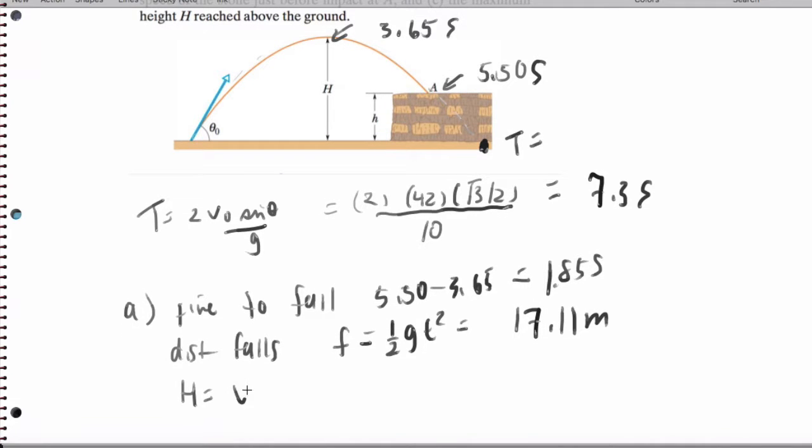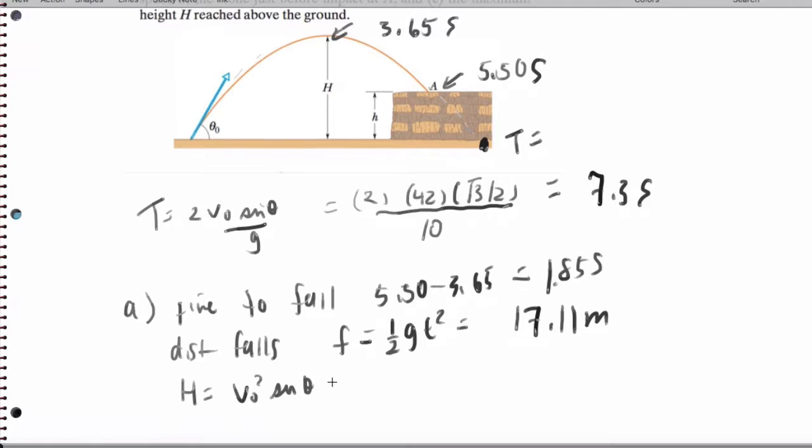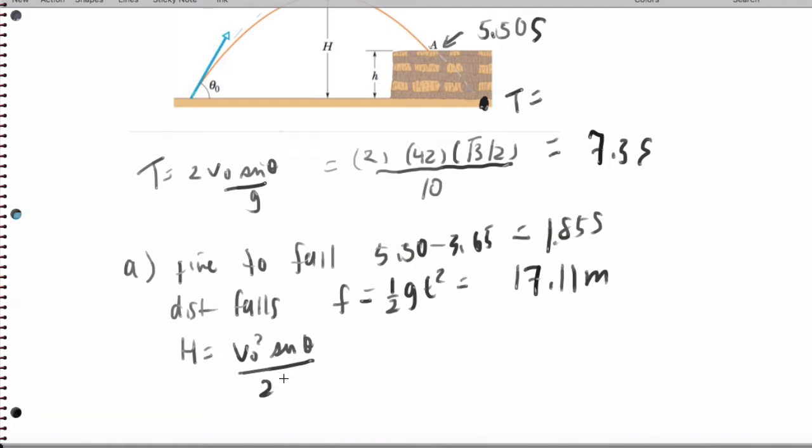Now let's get the total height. The height is v naught squared sine squared theta all over 2g. So that's going to be 42 squared times 3/4, that's sine 60 squared, divided by 20.